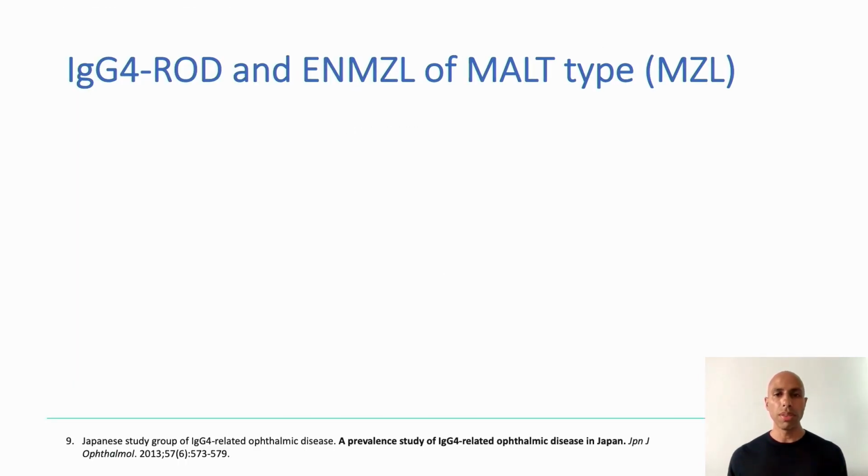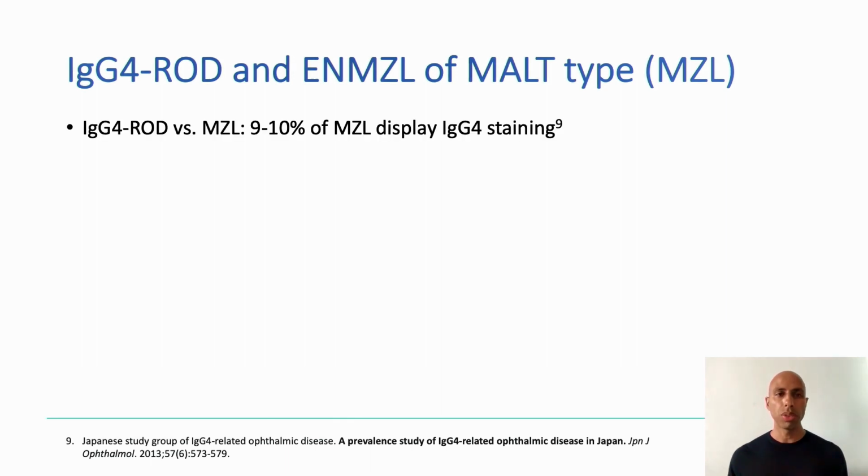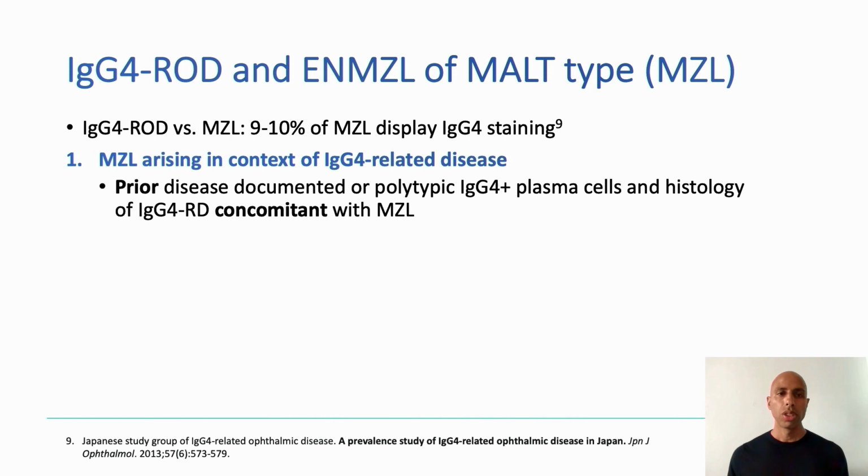So for ease, I'll abbreviate ocular adnexal extranodal marginal zone lymphoma of MALT type to just marginal zone lymphoma. But it is important to differentiate IgG4-related disease from marginal zone lymphoma. I just wanted to make a note that 9 to 10% of patients with marginal zone lymphoma display IgG4 staining. So we grouped our patients into marginal zone lymphoma arising in the context of IgG4-related disease.